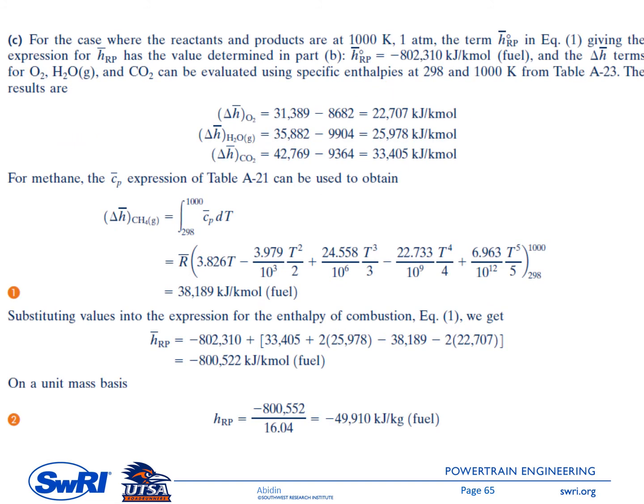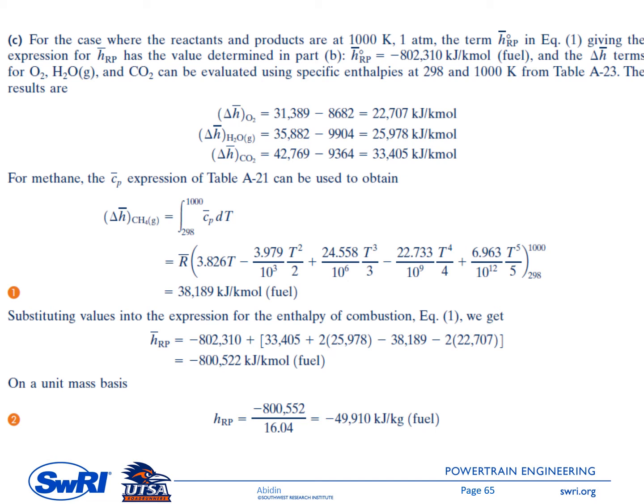Next question is, what is the enthalpy of combustion when the reactant and product are at 1000 Kelvin and 1 atmosphere? So in this case, the delta H is not 0 anymore. Delta H will be the enthalpy difference between the reference point enthalpy and the enthalpy at 1000 Kelvin.